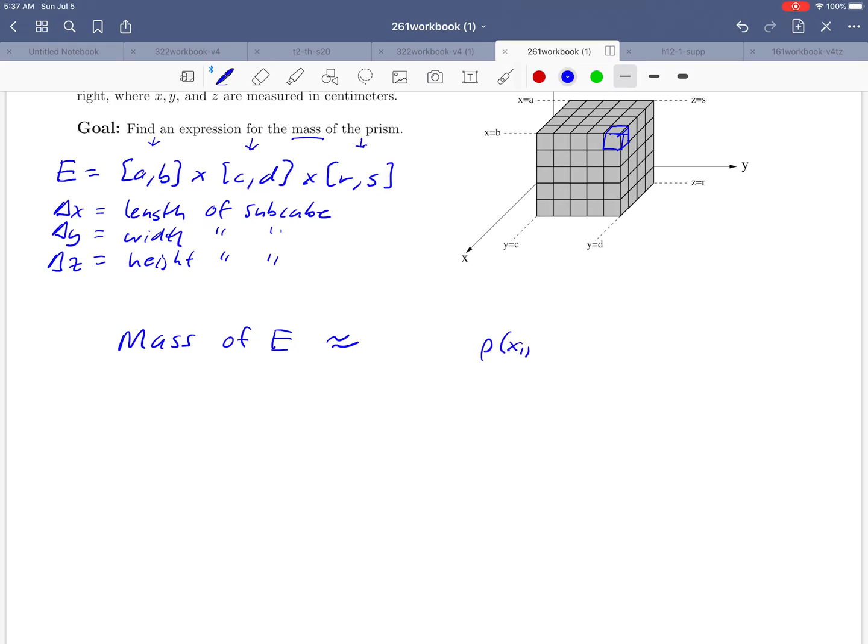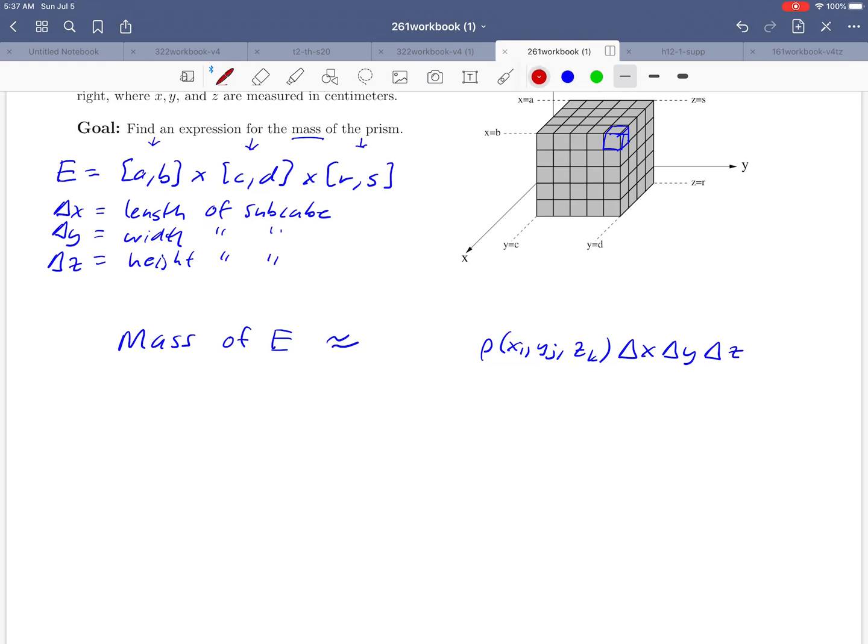I'll call that rho of x_i, y_j, z_k. Think of that as the density just at one point in the cube, and then we'll multiply it by the volume, which would just be delta x times delta y times delta z, length times width times height.